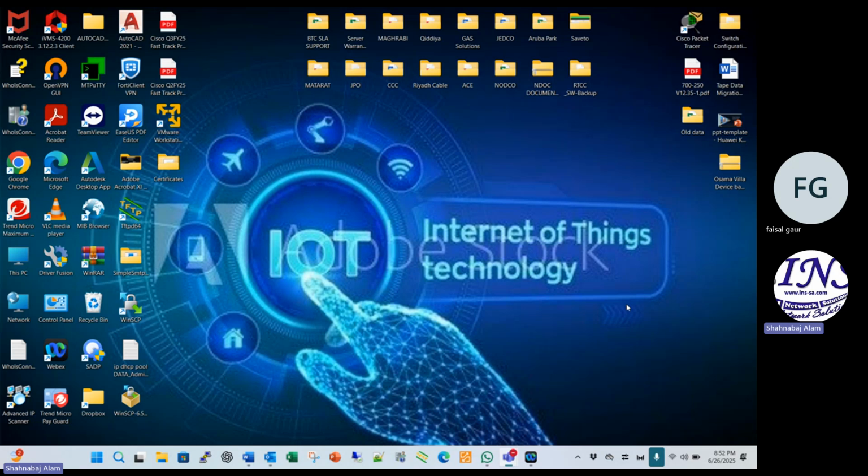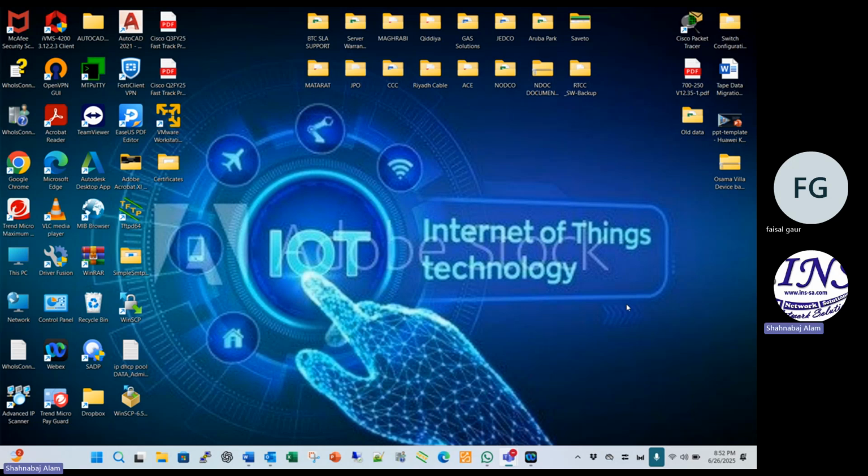Okay, so today we are going to learn about networking. We are also learning about the fundamentals. We also studied in the previous class about topology, LAN and WAN. Today I will show you about the IP address, subnet mask, gateway, and what type of IP is used in the network environment.